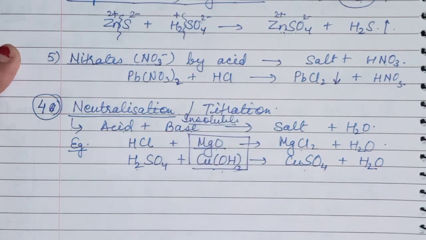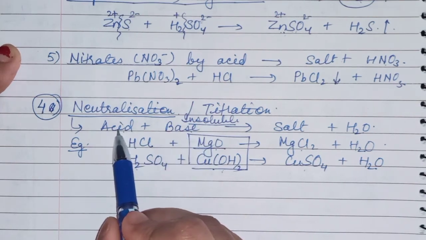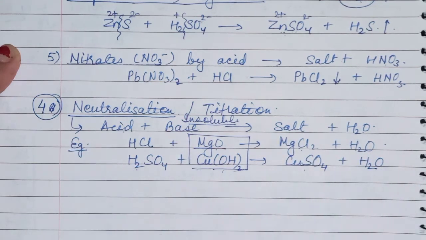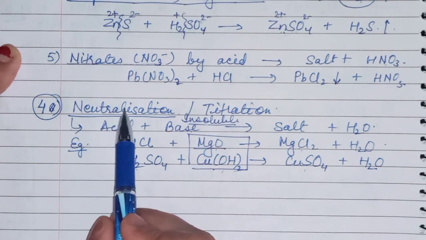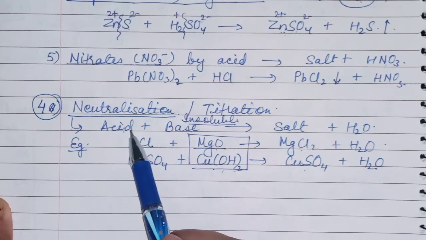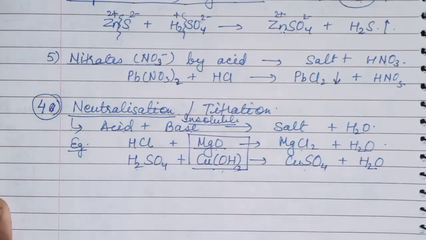Insoluble means they will not dissolve in water. When that type of base reacts with an acid, the salt and water formation comes under a neutralization reaction. Neutralization takes place when an acid reacts with an insoluble base and salt and water are formed.